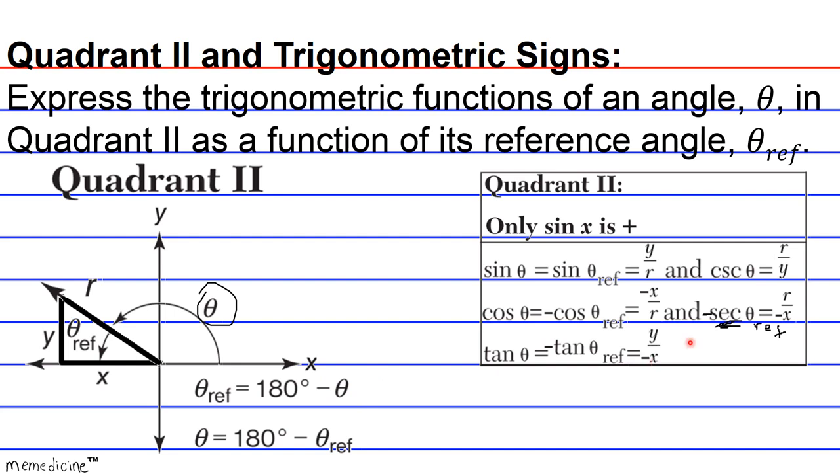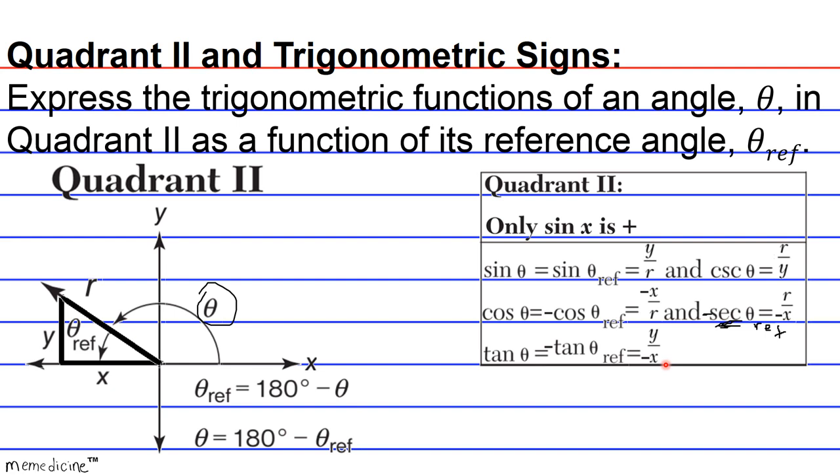So you're going to have our tangent, which is basically the side opposite the reference angle, which corresponds to the y coordinate, divided by the side adjacent to the reference angle, which corresponds to our negative x coordinate, okay?